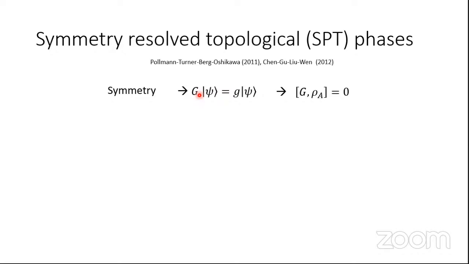Simple, right? Now, what happens for the reduced density matrix? It turns out the reduced density matrix is no longer an eigenstate of the symmetry. However, the reduced density matrix commutes with the symmetry operator. Let me explain this with an example. Think of a system with a conserved quantity, the number of particles.